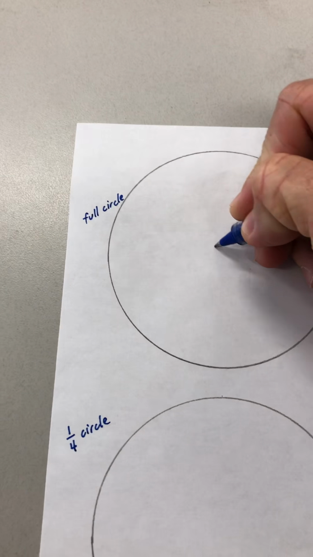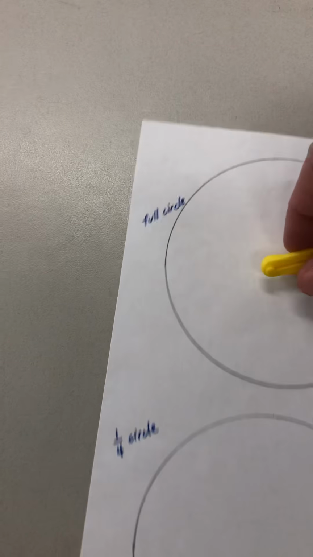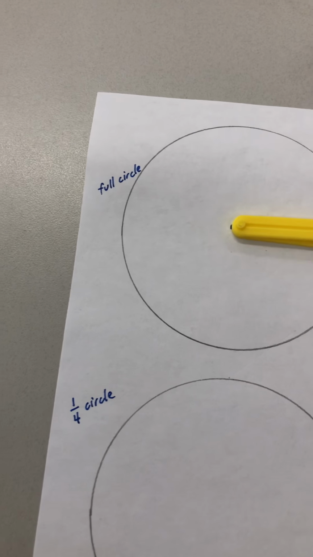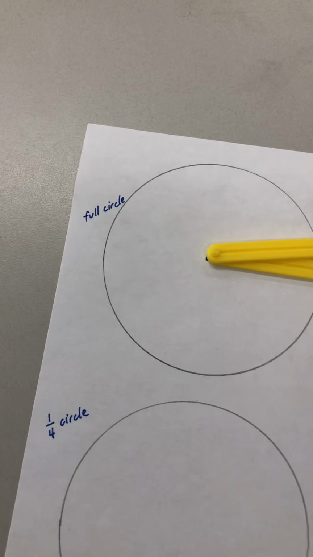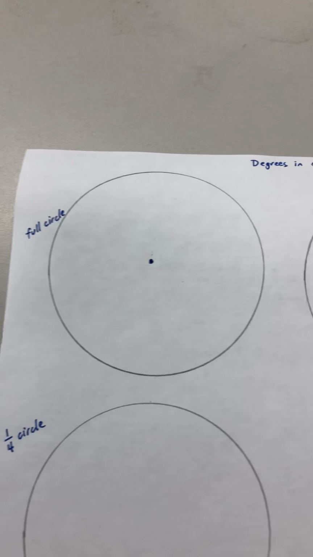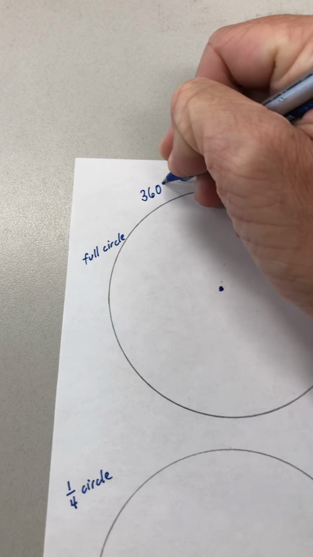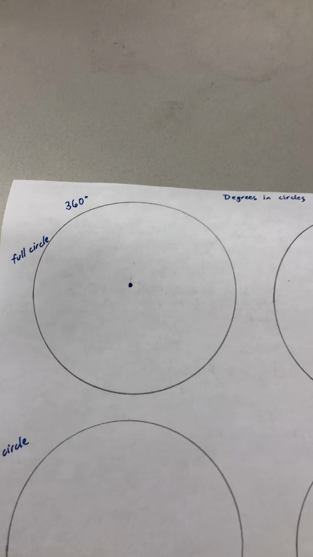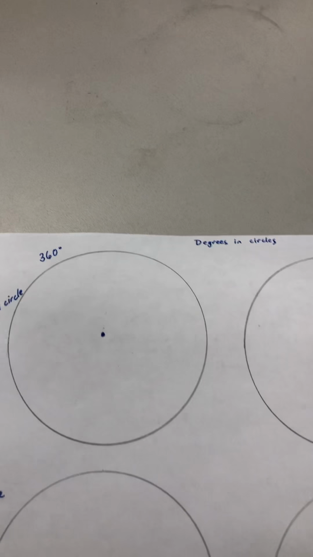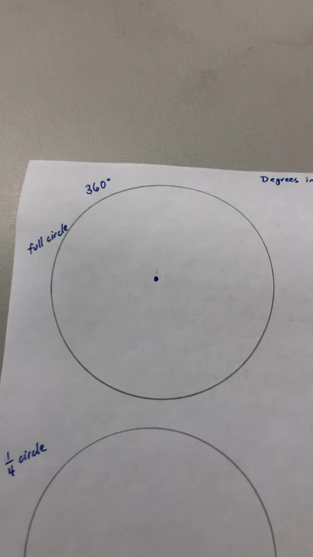We're going to start with a full circle. We want students to understand that that full circle, as they open from here all the way around to here, is going to be made up of 360 degrees. Okay, so 360 degrees, the number of degrees when I'm measuring on a protractor, each one of those smallest units that we have is going to be a degree.